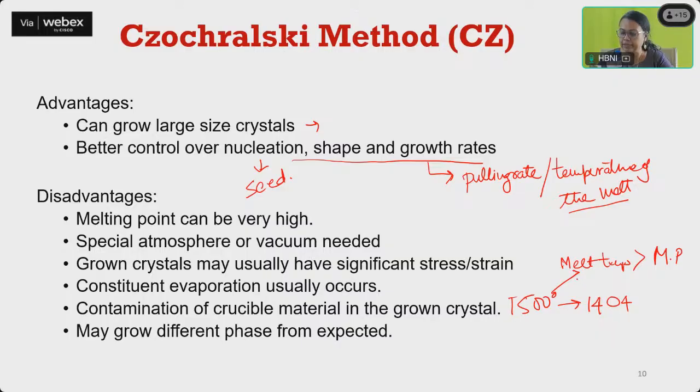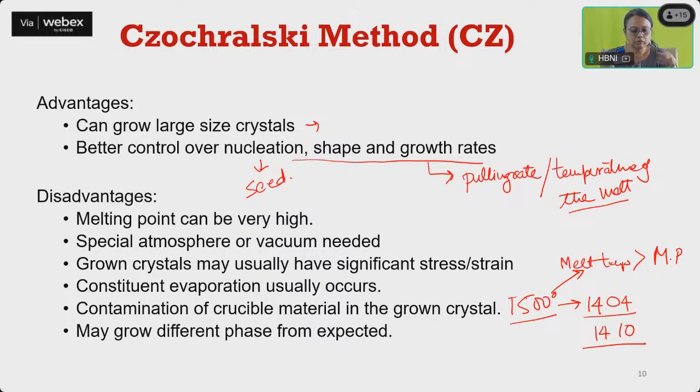It can be, but if it is so high, there won't be any growth. So the melt temperature is only very slightly higher than the melting point, maybe by 10 degrees. And the actual difference between the melt temperature and the melting point decides the diameter of the growth.